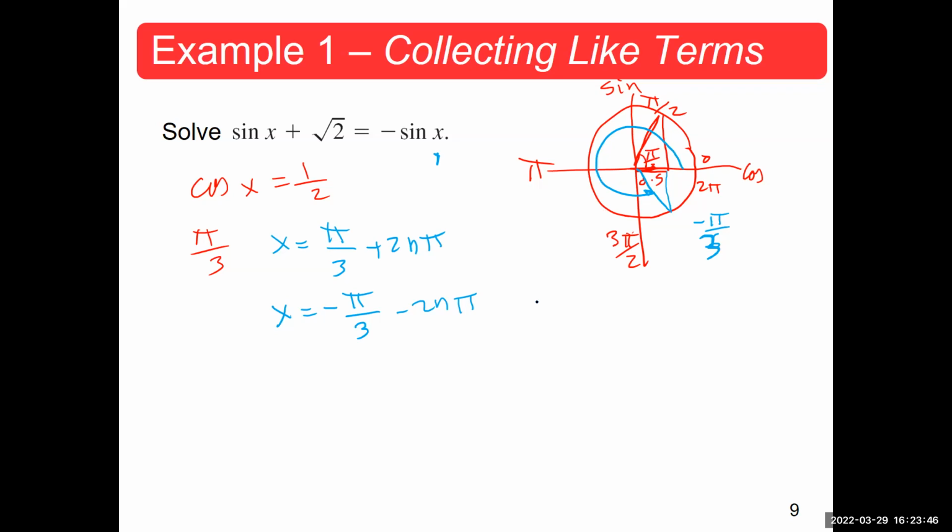How much is that angle? That's 2 pi minus pi over 3. So how much is that? That's 6 over 3, that's 5 pi over 3. Then I can say x equals 5 pi over 3 plus 2n pi. This is all the same thing, one going forward, one going backward. But if you have a habit, always doing it positive would be better.